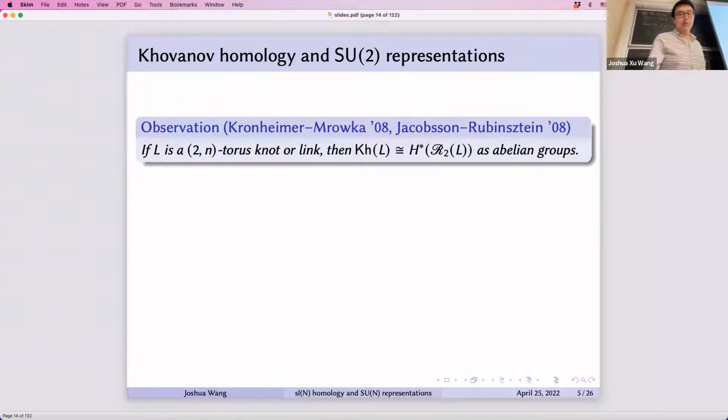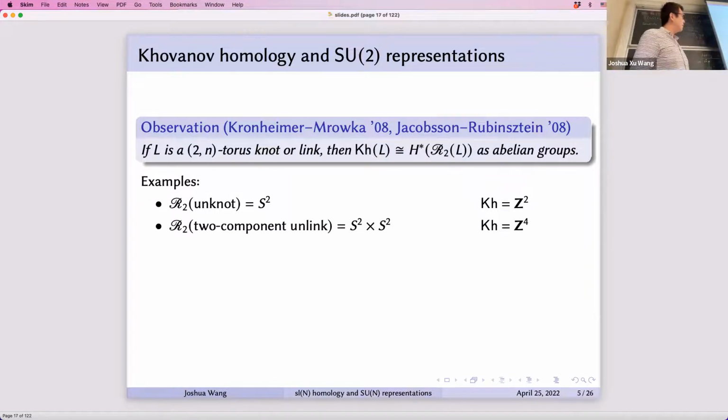Right. And so let me give you a few examples. For the unknot, the representation space is just a free choice of one point on the sphere. So the representation space is the two sphere. Khovanov homology is two copies of Z, which matches the cohomology of the two sphere. The two component unlink, they match up. The Hopf link also matches up.